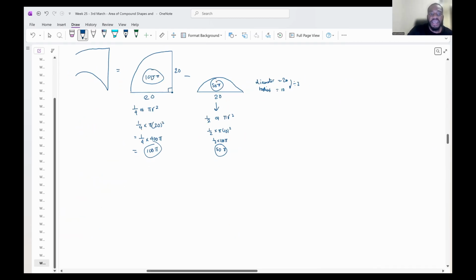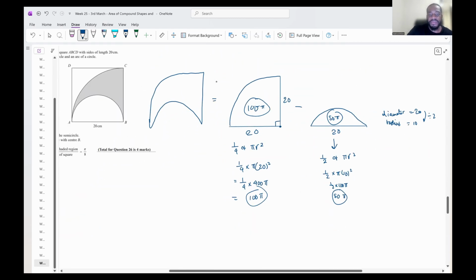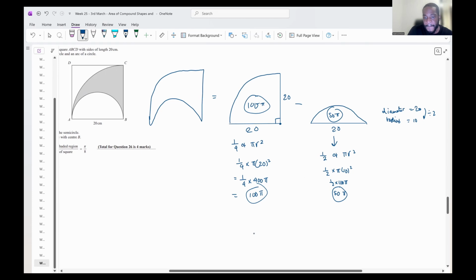And then the shaded area, or shaded region, is literally just going to be equal to the area of the quarter sector, 100 pi, minus the area of the semicircle, which is 50 pi. So it's going to be 100 pi minus 50 pi. Can somebody tell me what that is?